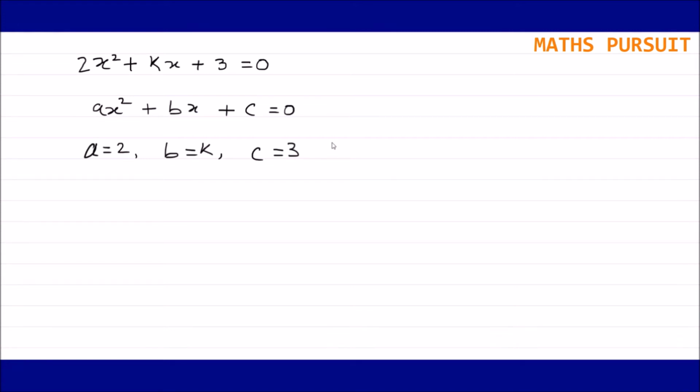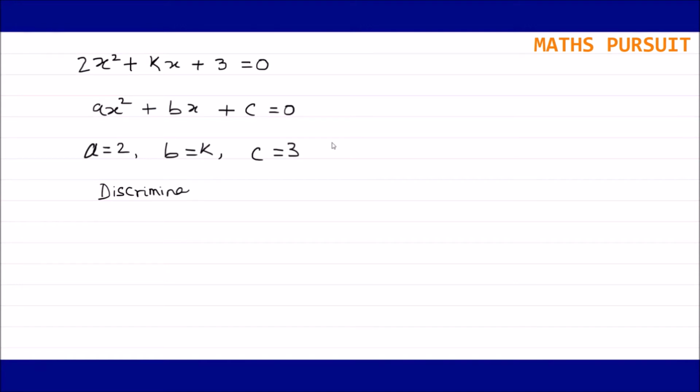Now, as per the given equation, we are going to find the value of k, and the only thing the question is telling us is that this equation has two equal roots. So guys, now please try to recall when an equation will have two equal roots. The equation will have two equal roots when the discriminant value is 0.